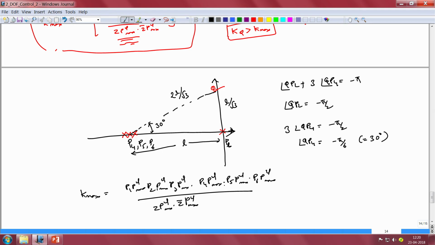And since we have chosen P4, P5 and P6 to be coincident, we would have this equal to P1 PCL max times P2 PCL max times P3 PCL max times P4 PCL max cubed divided by Z PCL max times Z bar PCL max.